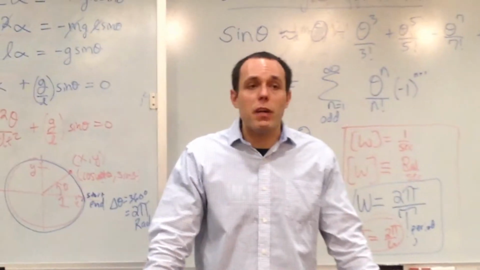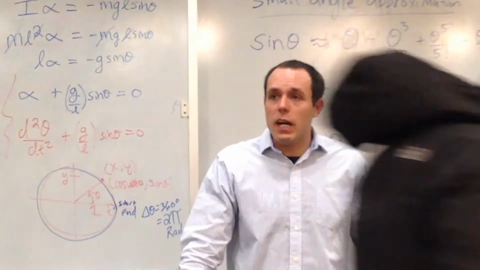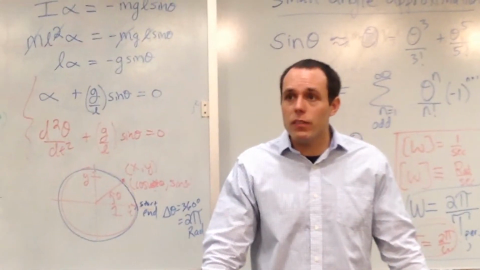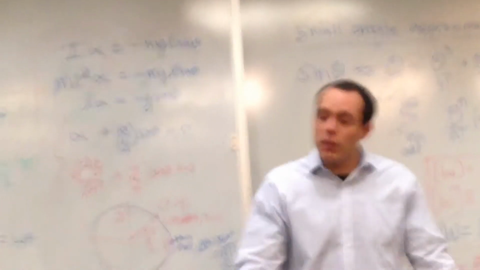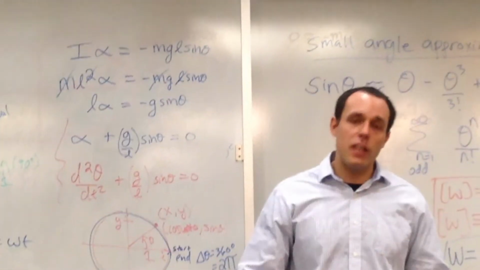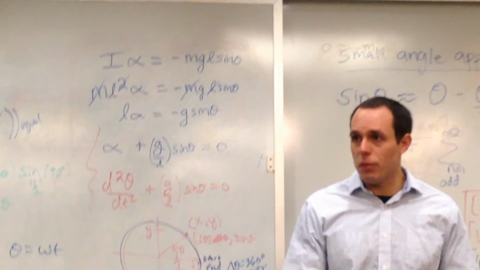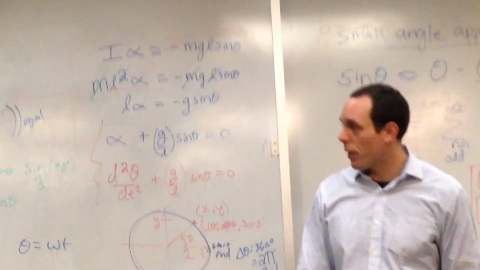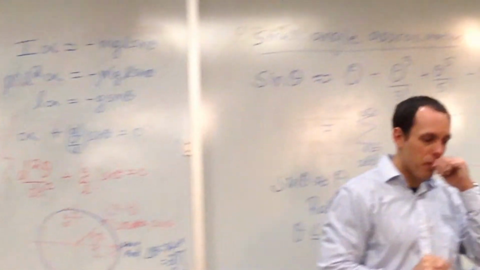To say if time equals whatever, it's given this value, plug it into the equations, and basically A or B should die off, and the other value should be equal to that value. So that's a general way that we would deal with these situations. Okay, so simple harmonic motion.